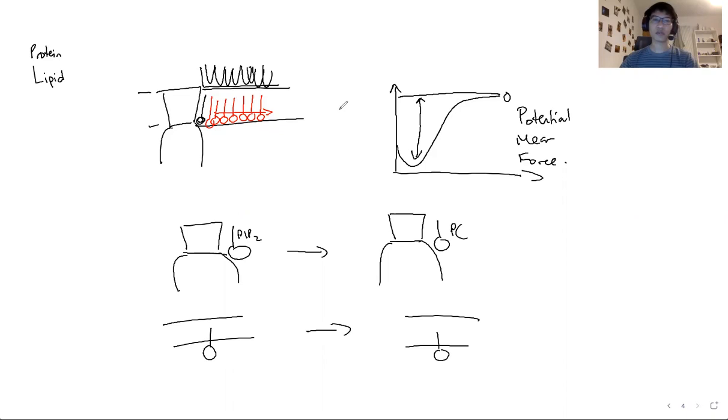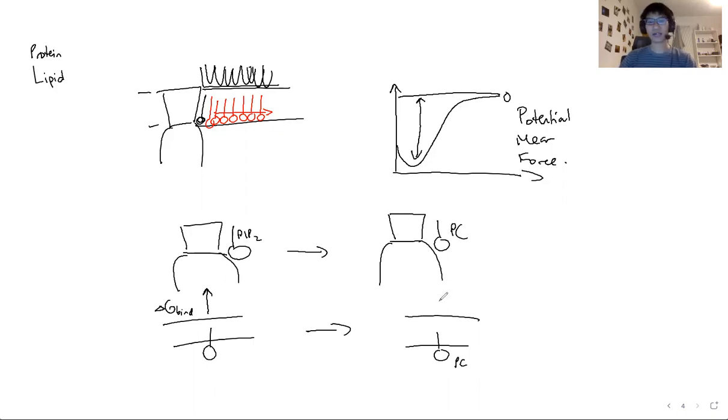In this case, what we are doing practically is calculating the energy as PIP2 samples on a protein and samples in a lipid. So this is what we would like to find out, right? This is delta G binding of PIP2 to the protein. And this is another case where we have PC, and we know that we have PC bound to the protein.